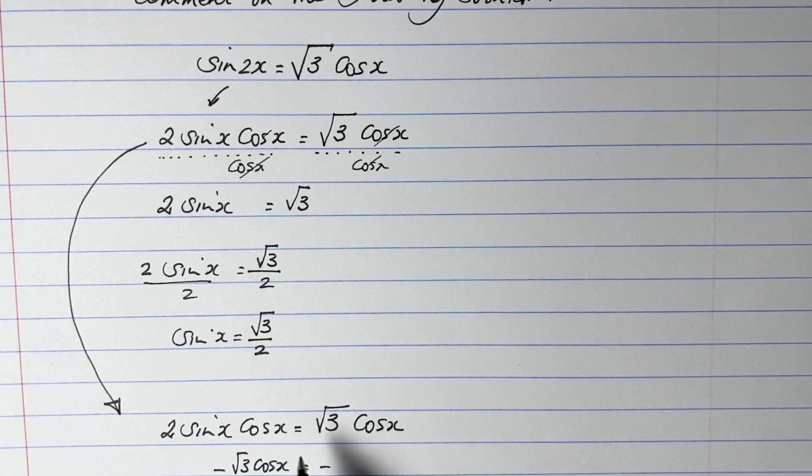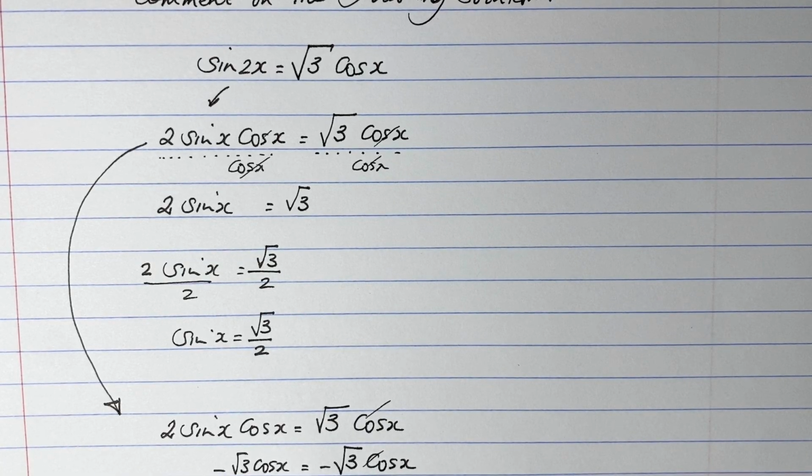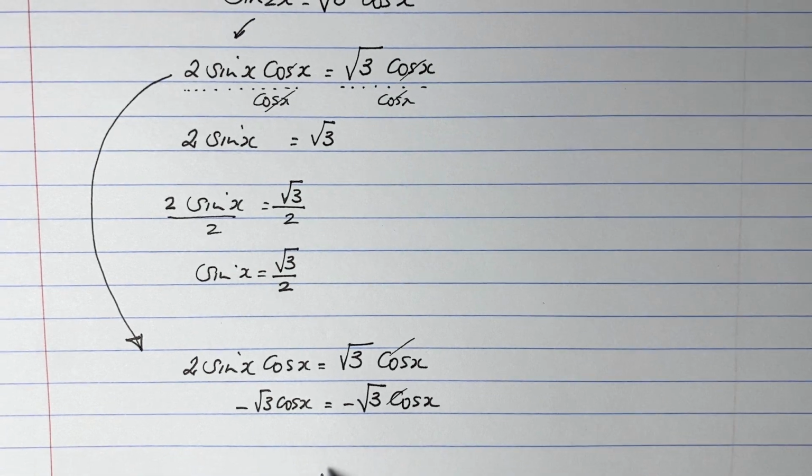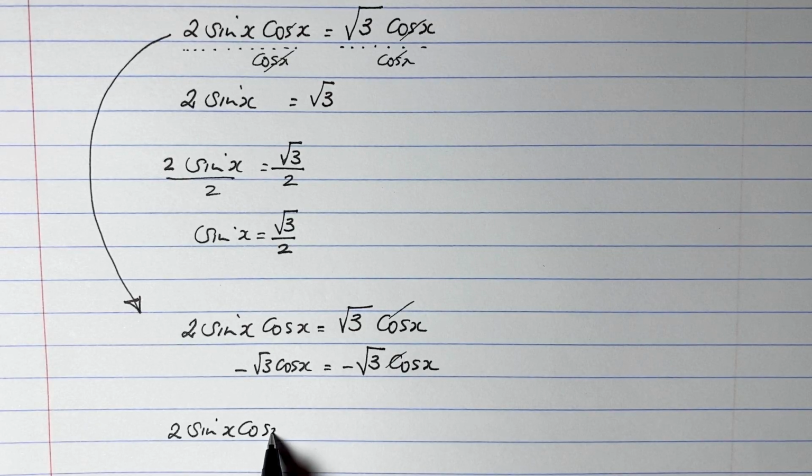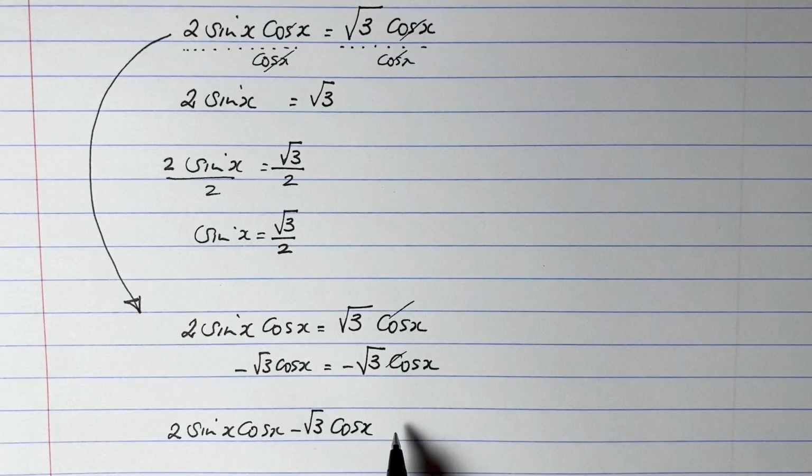Some people move to the other side and change the sign. So that cancels. We have nothing here. I'll create the equal 0. So we have 2 sine of x cos of x minus root 3 cos of x equals 0.